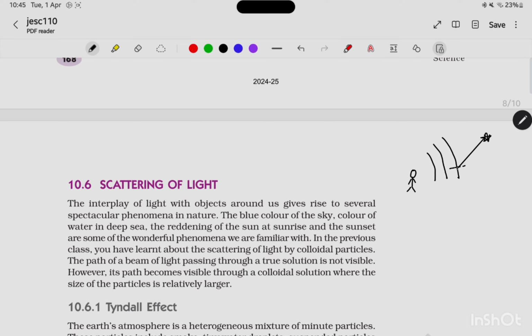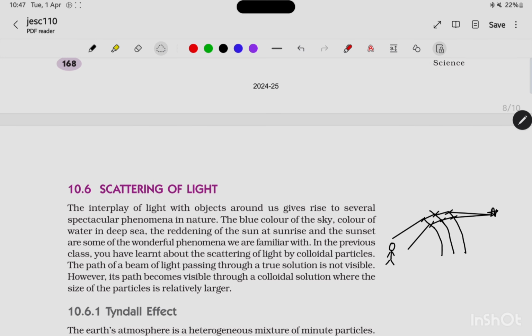There shall be a normal, and the angle reduces, and again the angle reduces, and again it reduces so much. The light rays come and hit your eye. This is not exactly your eye. Let's just increase the size of this.